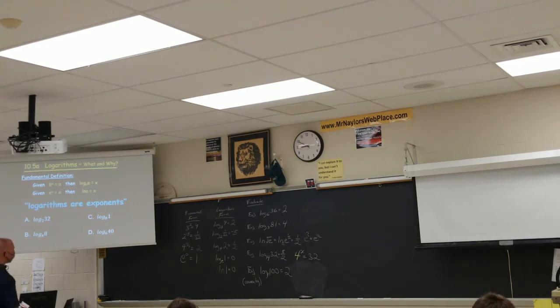But how did we do with 2 to what power equals 32? We want to make sure we're grabbing on to that level 1 problem. 2 to an exponent of 5. There's really nothing else you need to do there except know your exponents. 2 to the 5th power equals 32.